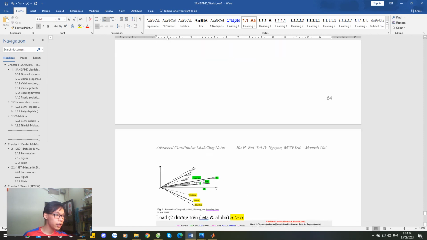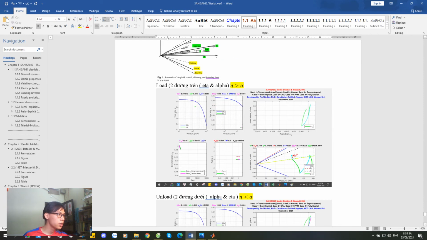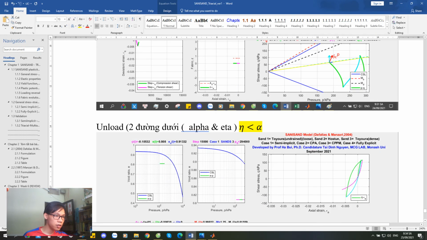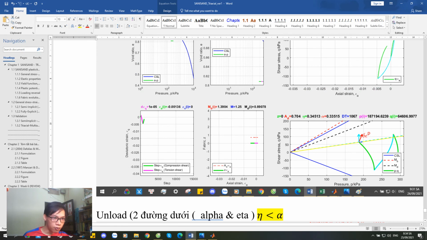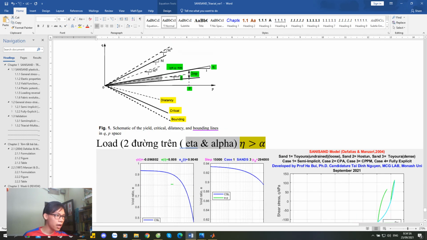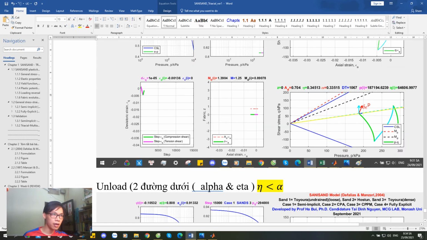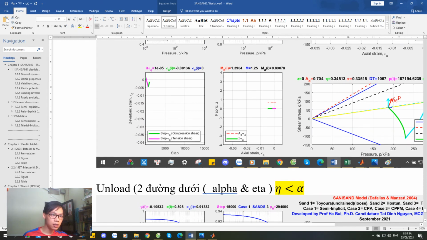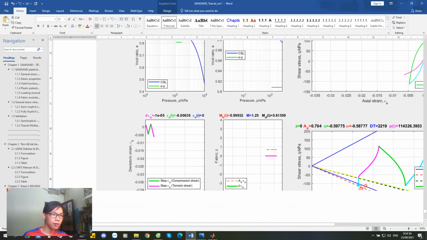To make it clear, I draw it on this load, eta and alpha. When eta is more than alpha, you can see the picture. Eta is above and alpha is below for the positive and negative case. The distance is m. M is just 0.1, so you can see it. So eta is bigger than alpha.